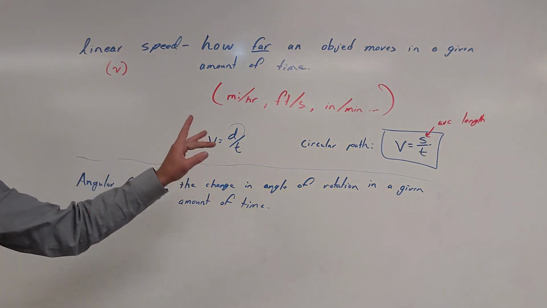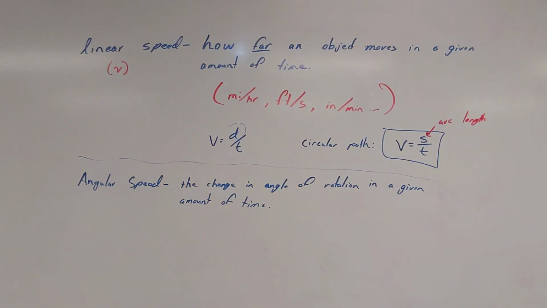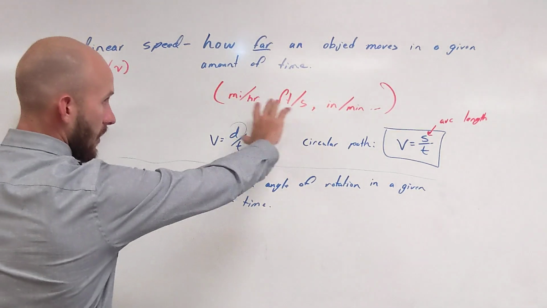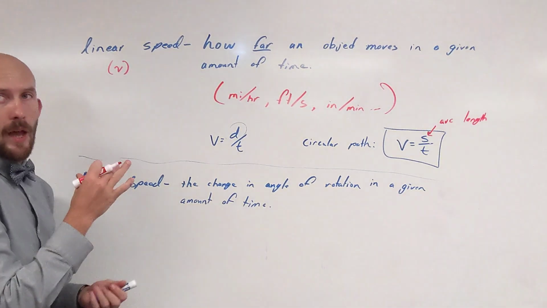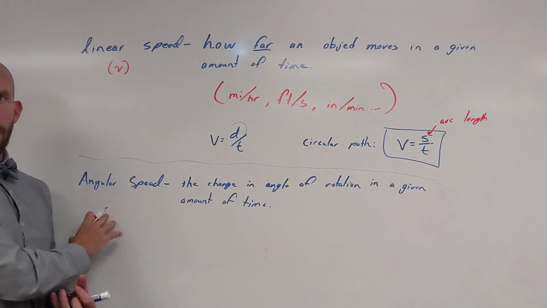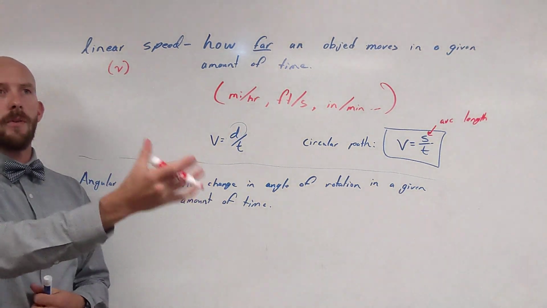Very similar to linear speed, but there's some important differences. Okay, so I'm going to go through kind of the same sort of thing as we did up here with linear speed. First off, we have a different variable that represents angular speed. We're going to have different units and a different formula.